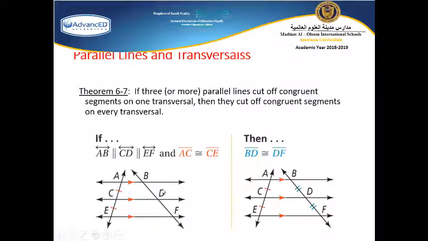Then they cut off congruent segments on every transversal. That means if we have 3 or more parallel lines and a transversal cuts them and creates congruent segments, then the other transversals will do the same. That means BD equals DF.